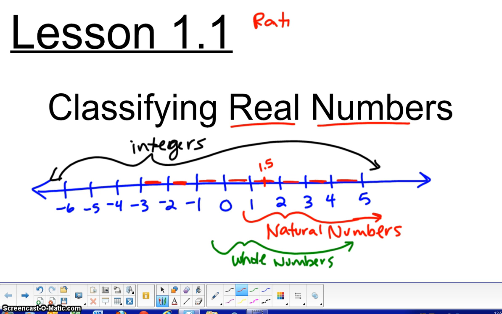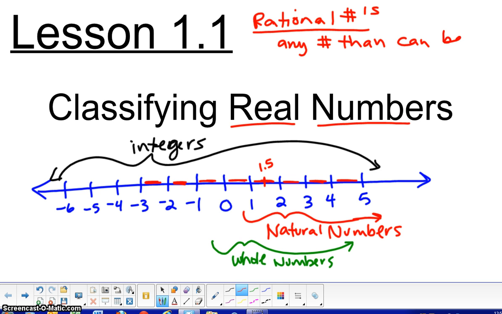So rational numbers are any number that can be a fraction, like A over B, any number divided by any number.